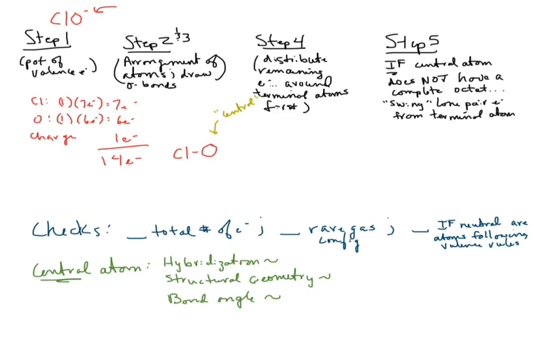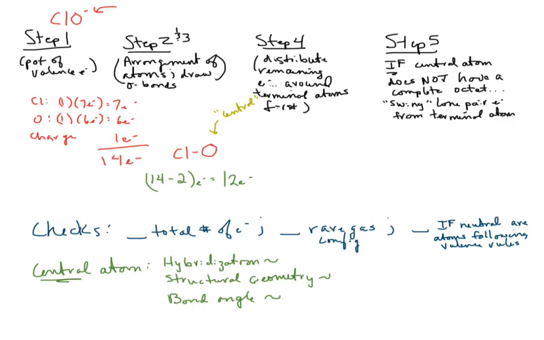So the leftover electrons from the pot of valence electrons are a lot, right? We had a pot of 14 from step number 1, and here in our preliminary structure we've only drawn 2, used up 2. So actually we have 12 electrons to do something with. And you know what?